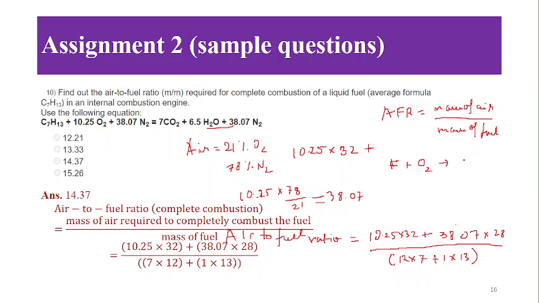And how many moles of this oxygen do you require to combust this fuel? Suppose it is CH4, the most basic methane. The combustion of any fuel leads to carbon dioxide plus water vapor. So how many moles of oxygen do you need to completely combust methane? Can anybody tell me?